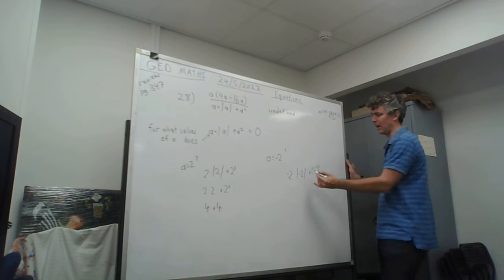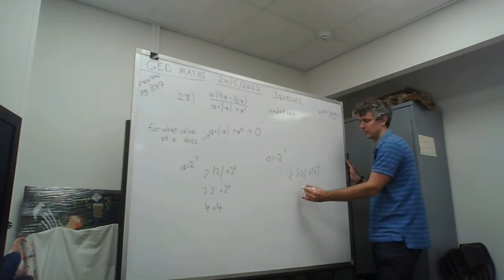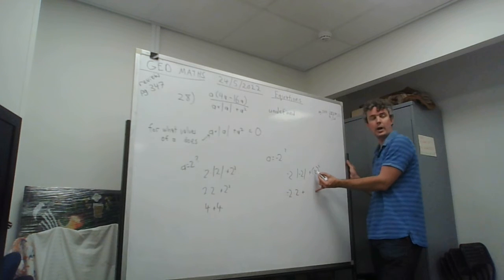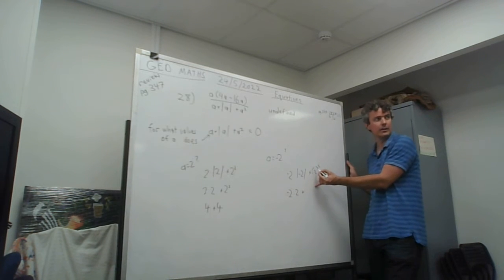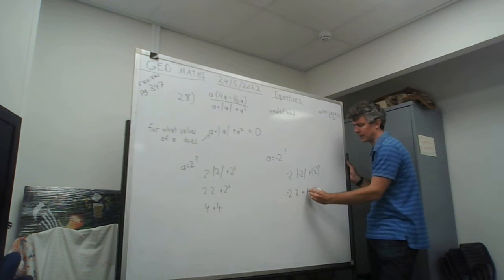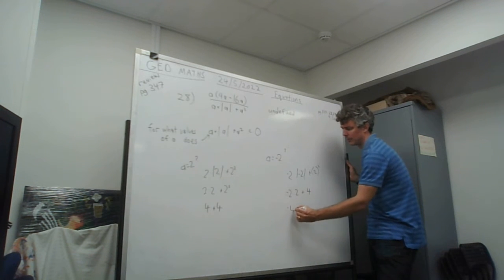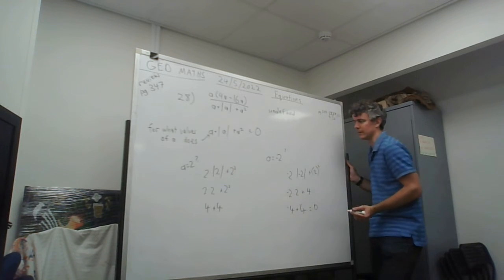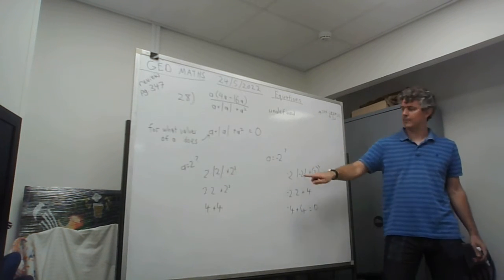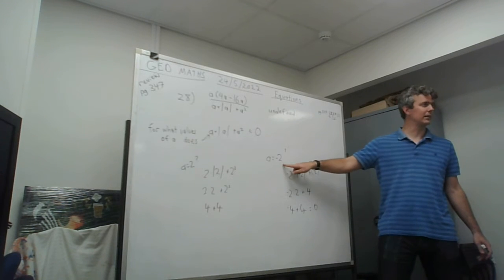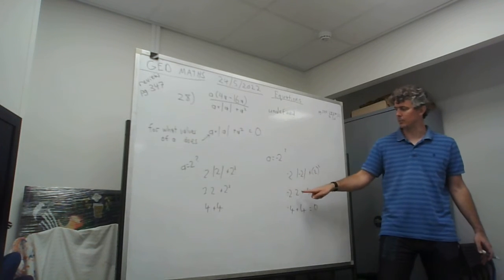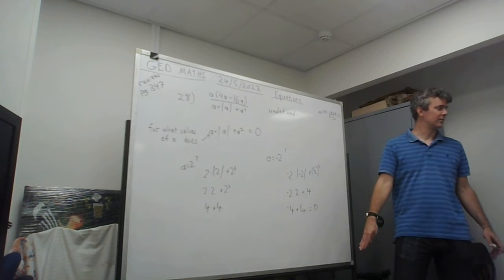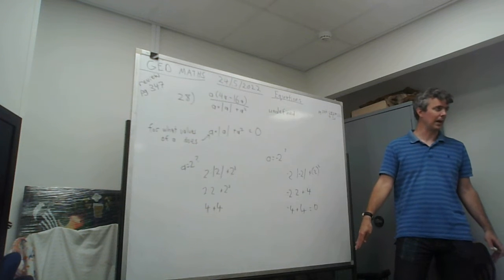The absolute value of negative 2 becomes 2, so it becomes negative 2 times 2, and negative 2 squared is positive 4. So negative 4 plus 4 equals 0. If you think about it, it'll work for every negative number. With negative 5, it'll be negative 25 plus 25. So every negative number gives undefined.